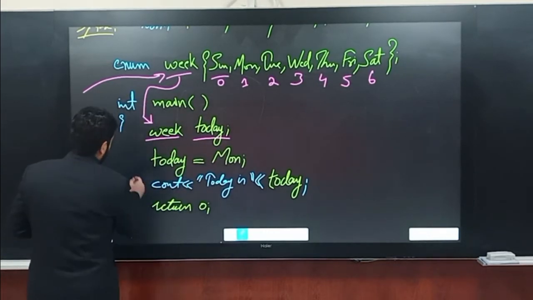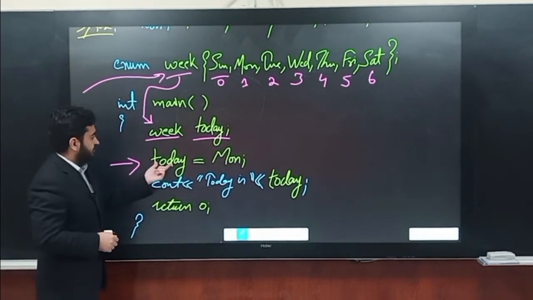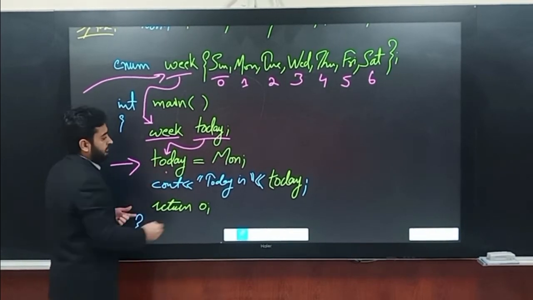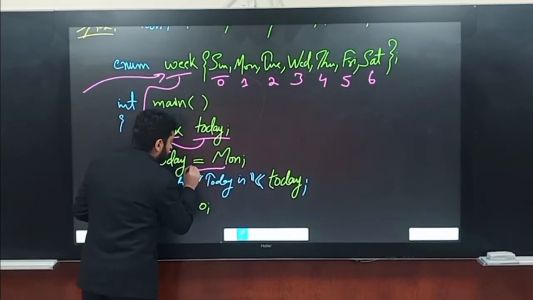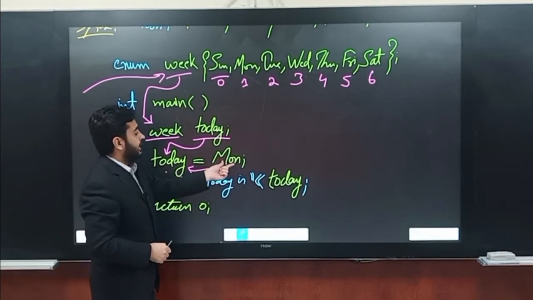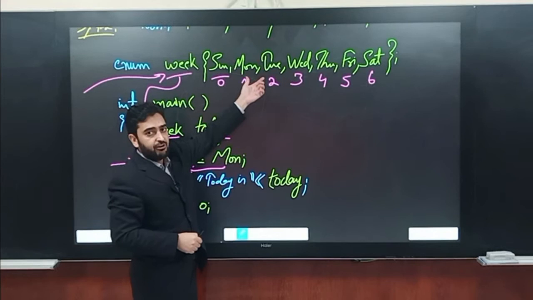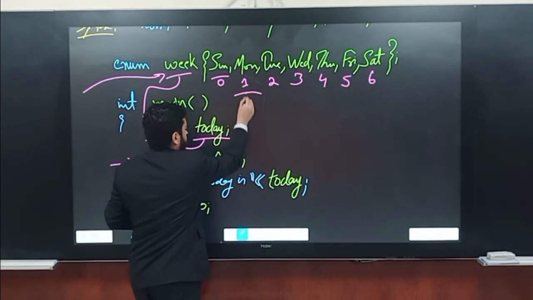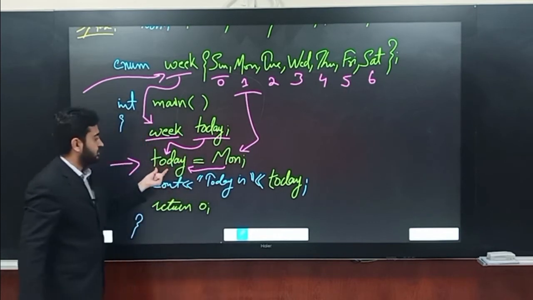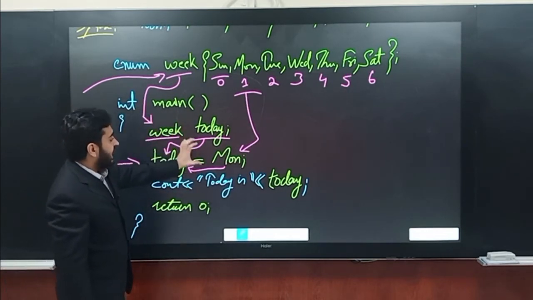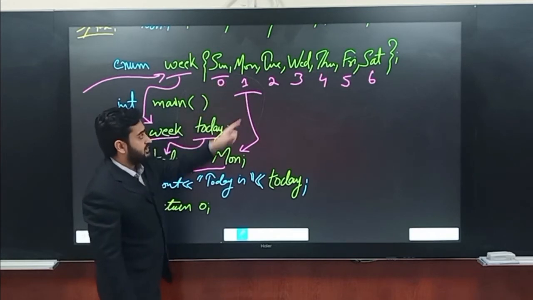In the next statement, we have assigned a value to the variable today. This Monday has been taken from the set of values, the second value, and we have assigned it to the variable today. This is legal because we have used a value from the set of values.